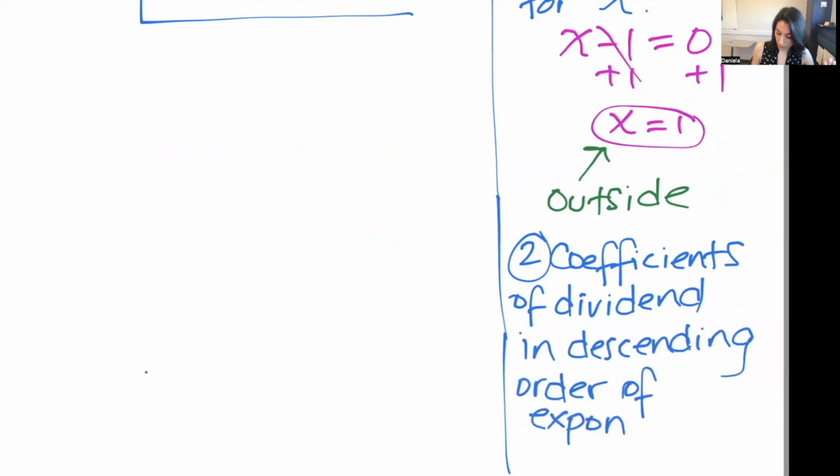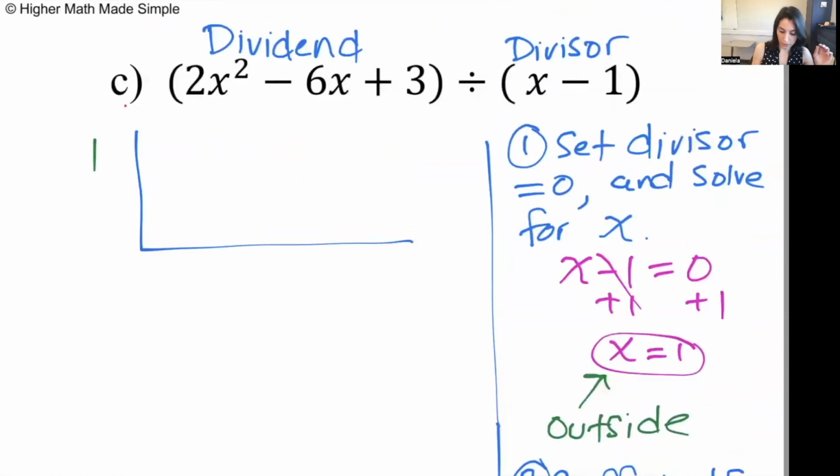Okay, so if you didn't write it in a particular order, it's wrong. Okay, it's a very specific order. What do I mean by descending? So it's already in descending order. The exponent goes 2, and then it goes 1, and then this is like saying x to the 0. Okay, so you're taking the coefficients, so the number in front of the variables.